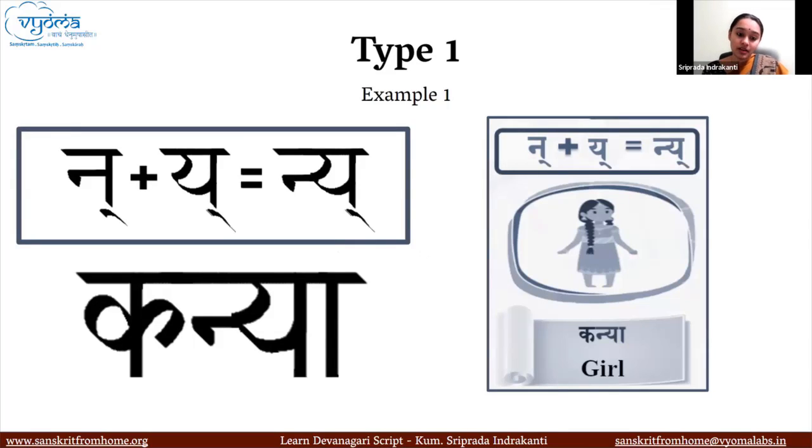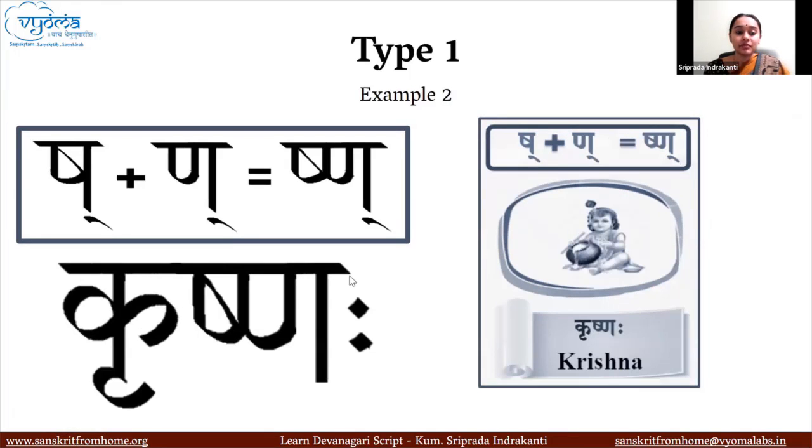So observe the one I have written here. If you have any questions regarding the fonts, because I have written it from paint. Kanya. So the n half, and then follow my cursor. Nya. Then we write the ya, and then the a, the dirgha. Then you put the shirorekha at the top. Example 2 is Krishnaha.